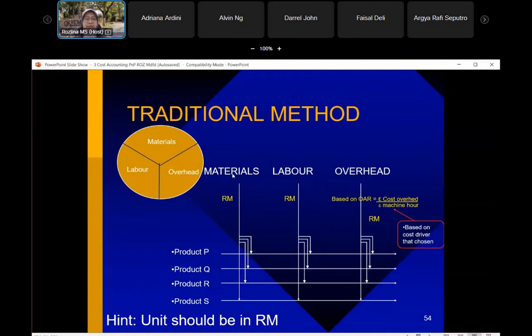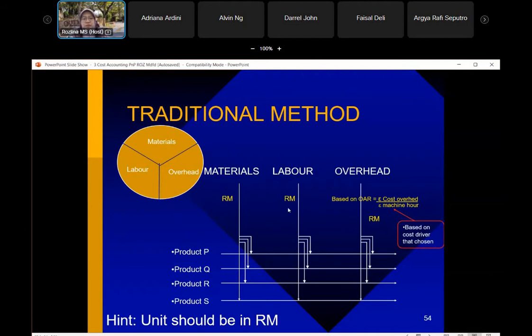For the first part, for material, labor, and overhead, you have to make sure it is in RM unit. Normally you don't get the RM directly. You have to process first, because normally they will give you RM per unit, RM per hour, or hour per unit.